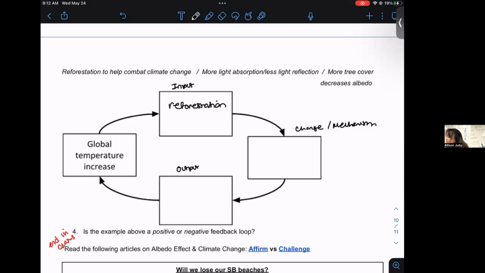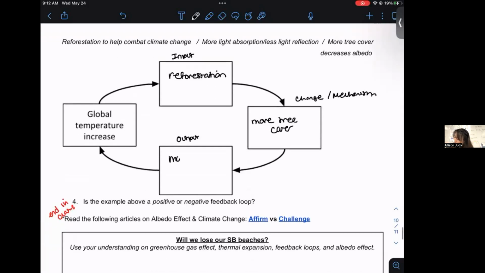What's the mechanism or change that occurs? More tree cover. So then what's the output? More light absorption. Okay, less light reflection. Global temperatures increase. Is this a positive or negative feedback loop?